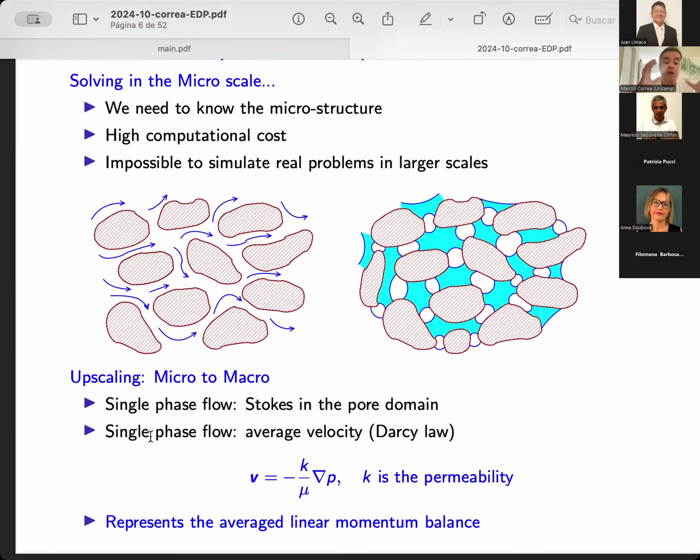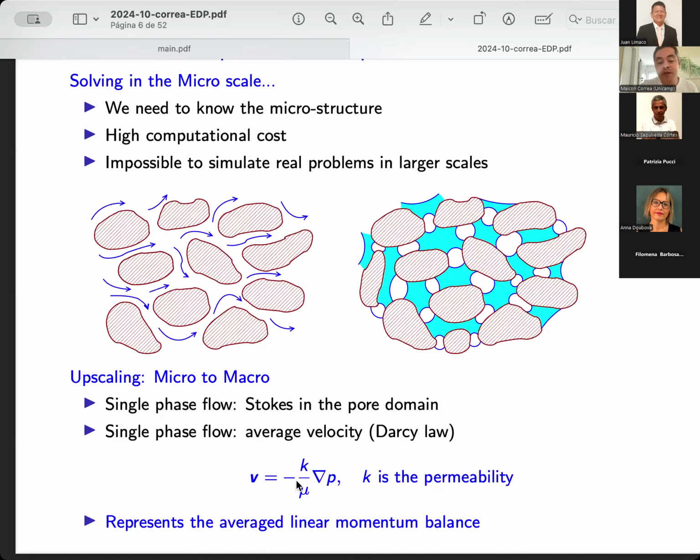And in the macro now, we find an average velocity. This is the equation also known as Darcy law, that relates this average velocity of the fluid inside the pores with the gradient of the pressure. So this is much simpler than solving the Navier-Stokes equation.